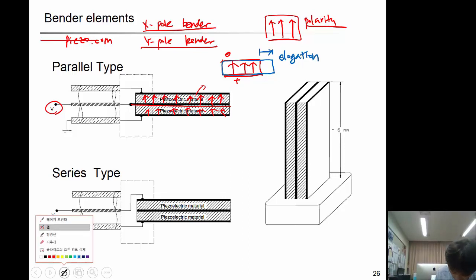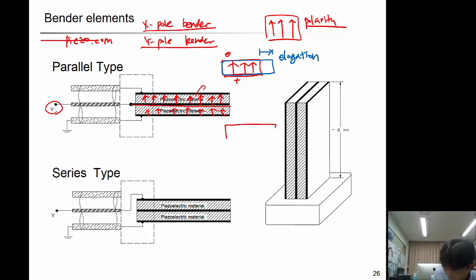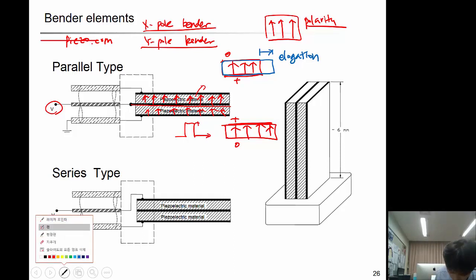And what about the bottom one? Now, when you have a polarity like this, at the top surface positive voltage is applied, but at the bottom face there's no voltage. So the polarity of the applied voltage is opposite, and it's going to be shortened.